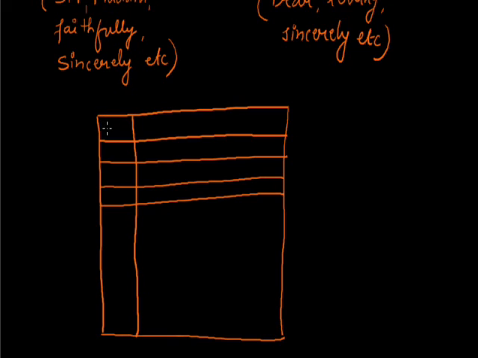So in our first block, we write the to address. In the second, we write the CC address. The third, we write the BCC address. And in the fourth, we write the subject.